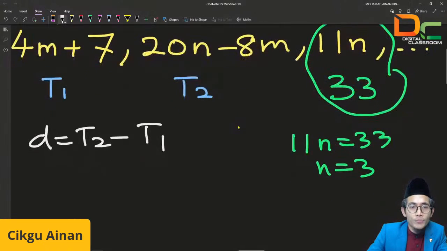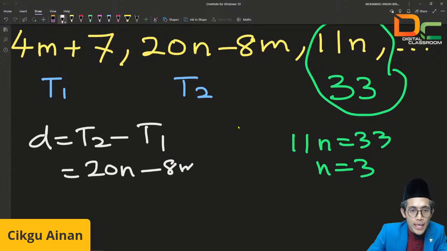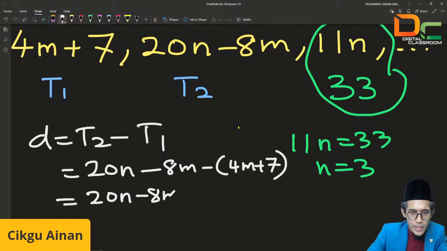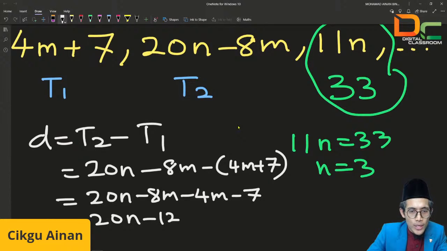So we can find 20n minus 8m minus 4m plus 7. We can simplify it: 20n minus 8m minus 4m minus 7. Now we group the m's together: 20n minus 12m, minus 7, sorry. Correct.